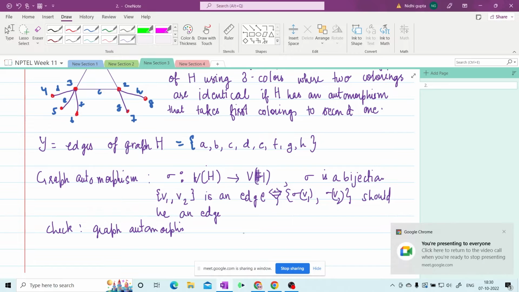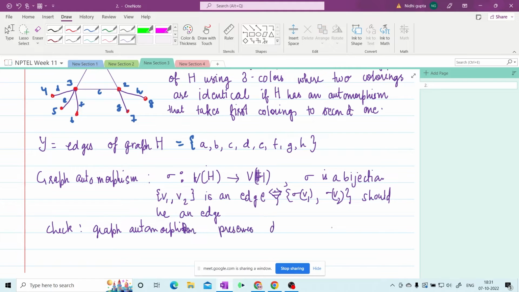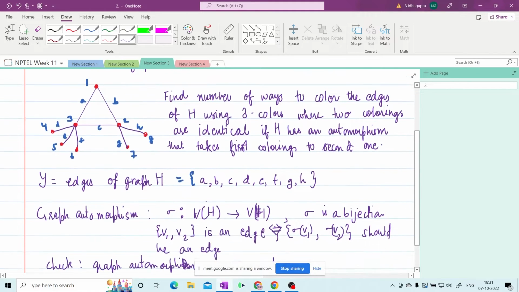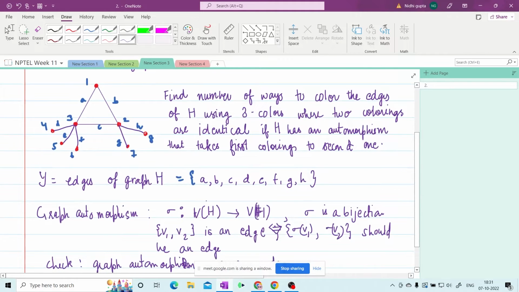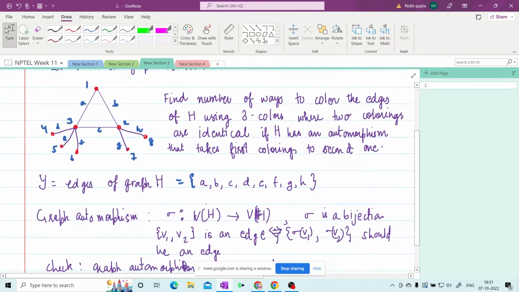So now you can check that a graph automorphism preserves degrees. By a graph automorphism I mean that we have a map between the set of vertices, and since it is a graph automorphism, we are saying that we have the same collection of vertices and edges.